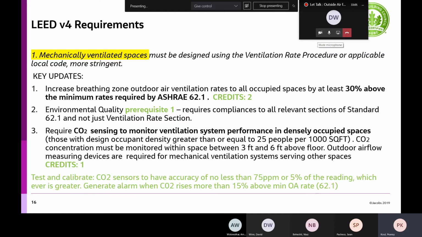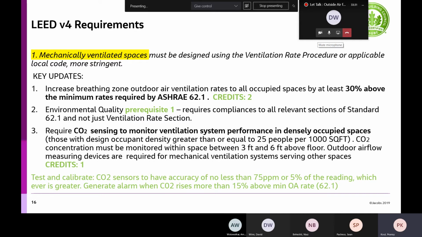From this statement, I understand that even LEED recognizes that the ventilation rate procedure is simpler for a designer to put in the values and get what you require, as opposed to an IAQ procedure or any other procedure.